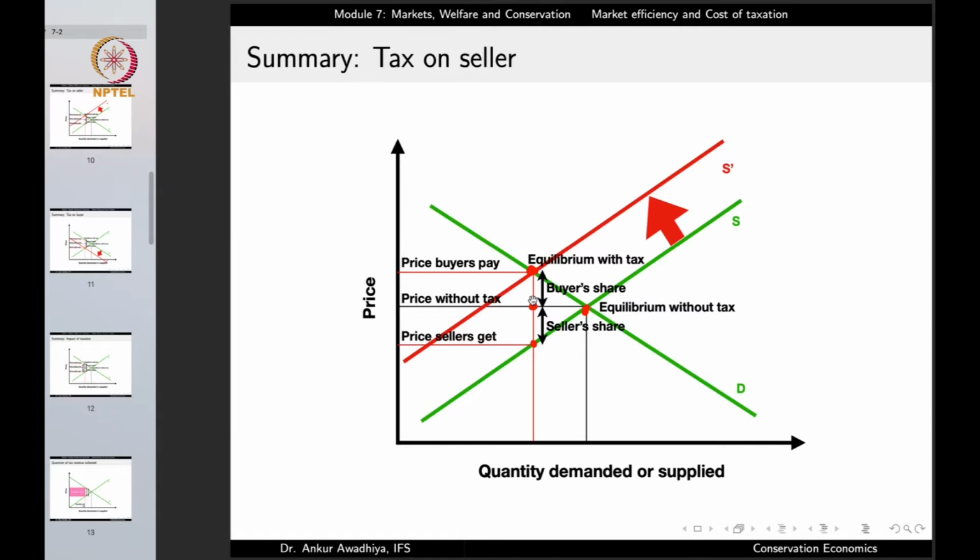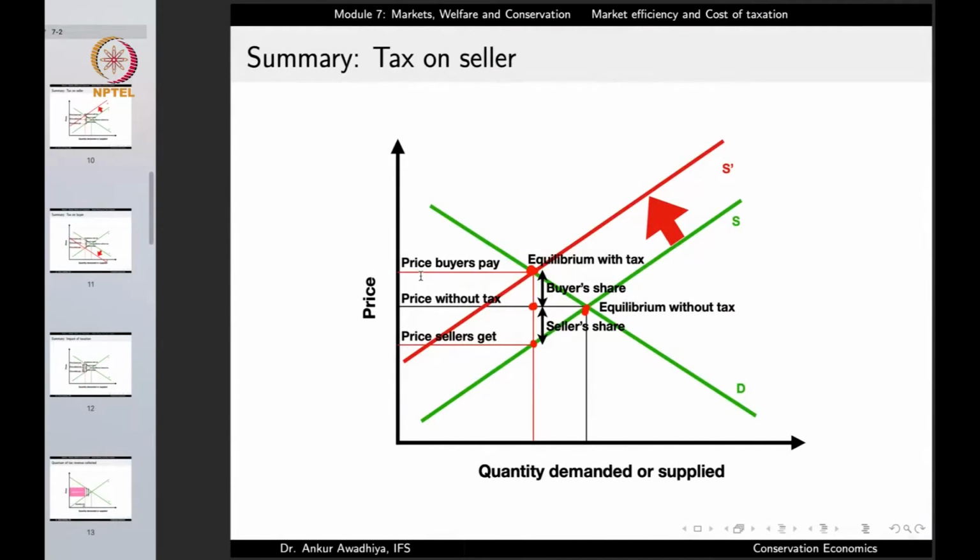Which means that even if we have imposed a tax only on the sellers, even then the tax gets distributed between the buyer and the sellers. So that is a key point to remember. And the buyer's share is given by this amount and the seller's share is given by this amount.